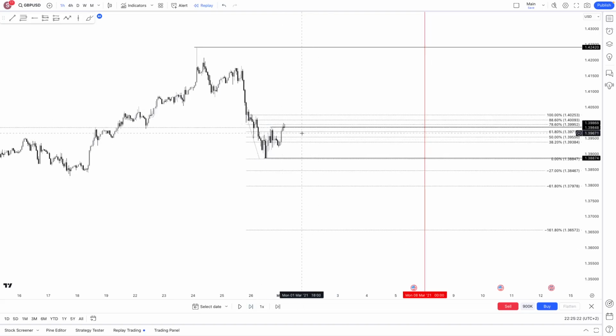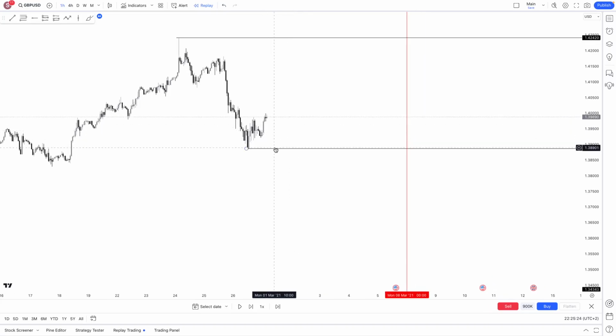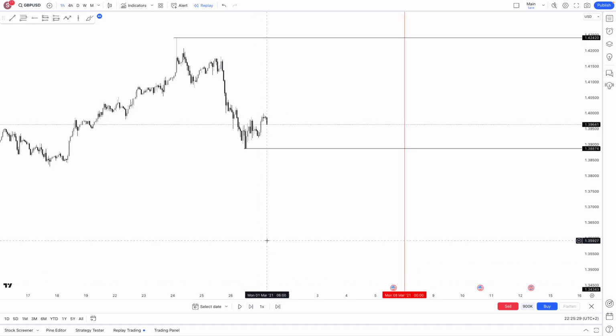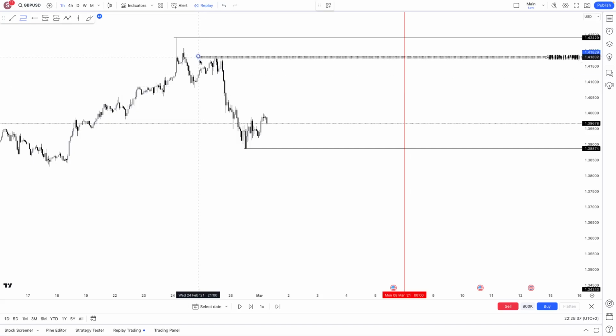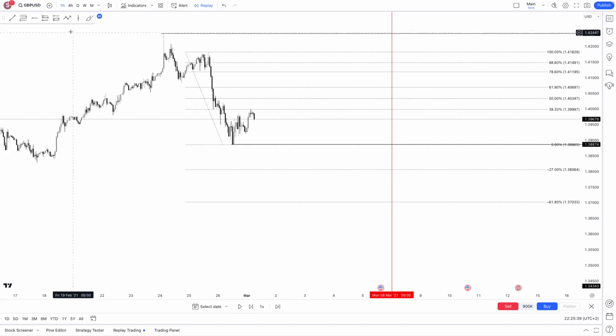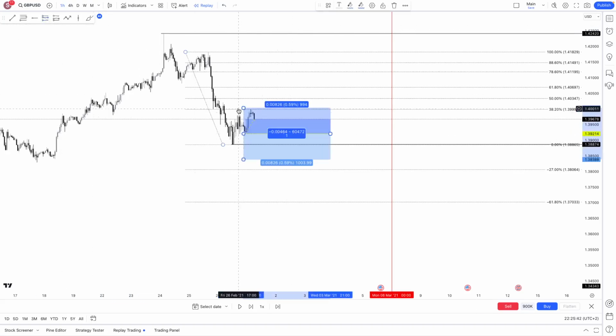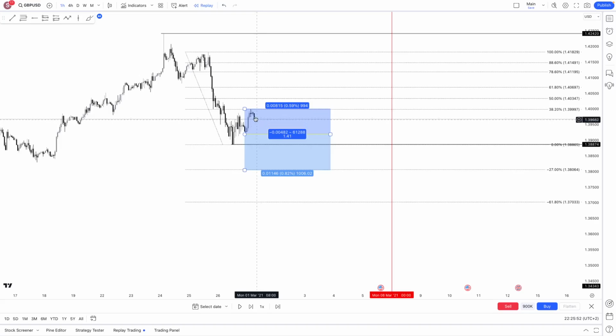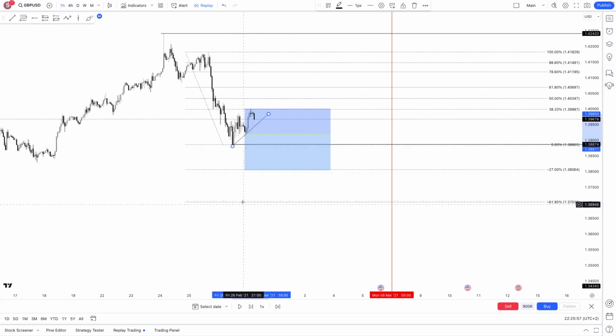Okay. So I would like to see price break this level, and then I'd want to be in the trade.